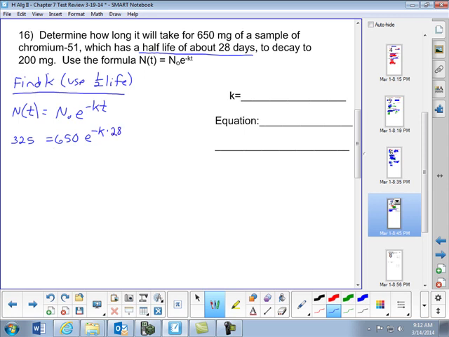Okay, and then we would have to divide by 650, and a lot of you will skip this part because you know in half-life, if you have your original amount here and half of it here, every time you divide, you will get 1/2 equals e to the negative k and then the time of your half-life. So in this case, negative 28k.